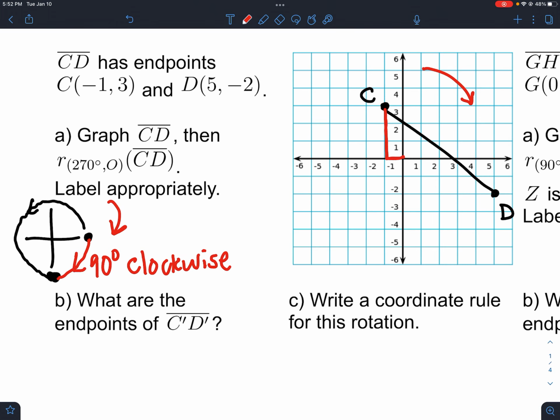It's like you're moving from 12 o'clock to 3 o'clock. Okay? So what is that going to do to the L? It's going to spin it, and it's going to go like that. And that's where C prime is. Much easier than having to draw all those L's. We go out 5 and over 2. And that is D prime.